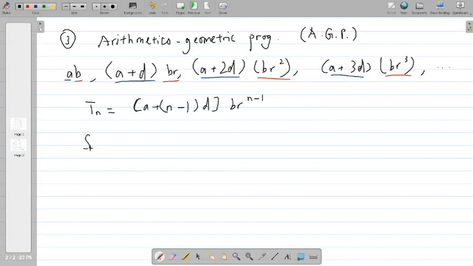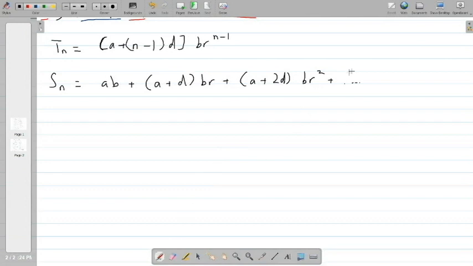Well, let's take S of n. S of n is going to be equal to summing all of these, and so on. So we're going to sum the first n terms of this arithmetico-geometric progression, all the way up to the nth term.